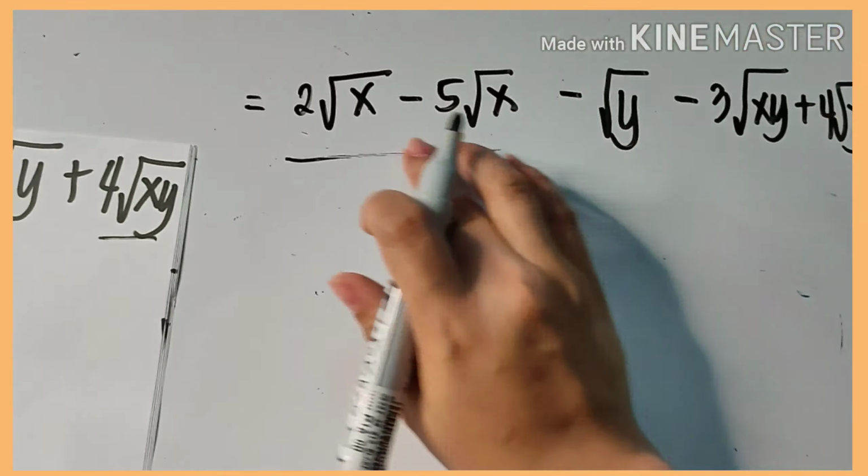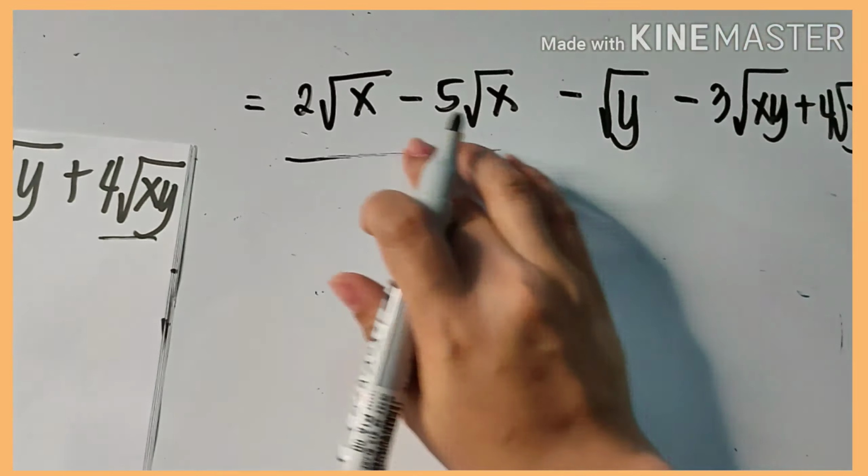And then for this one, let's write plus negative 3 plus 4 square root of xy. Why do we use plus negative 3? It is because if we multiply positive, or plus, 2 the negative, it will become negative 3. So plus 4, then square root of x and y.